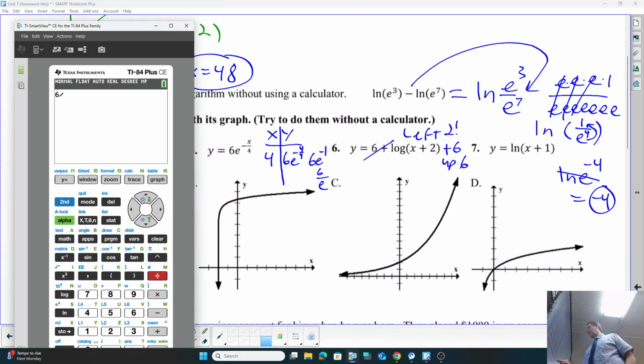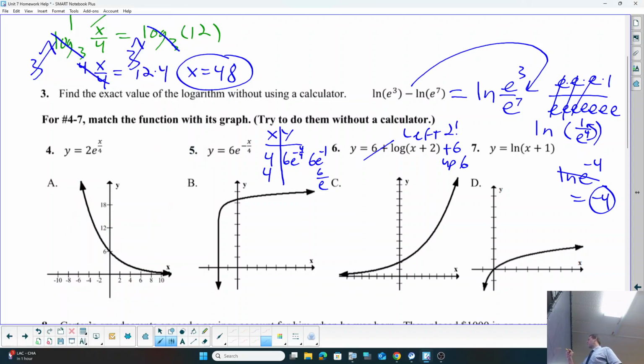So 6 divided by 2.718. Yeah. So 2.207 is what we're looking at. So over 4 up 2.207. So which one has a point at over 4 and up 2.207?